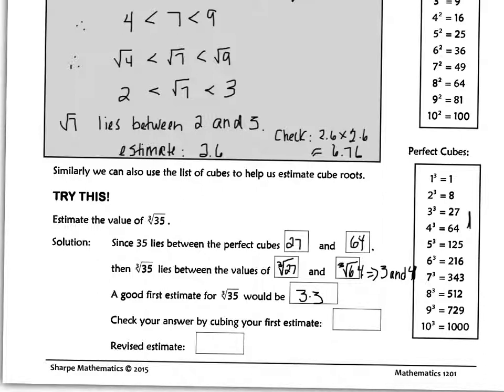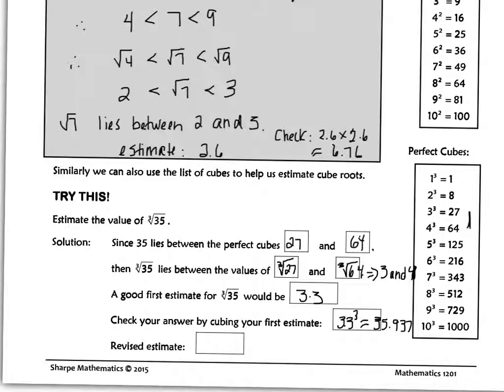So if I just check 3.3 cubed on my calculator, I get 35.937. So 35.937 is not too bad, but it's a tiny bit over.